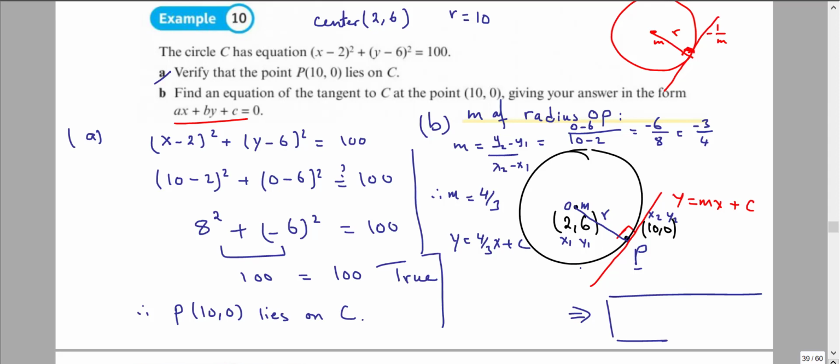Which point is on the line? Yes, even the tangent line. Now we are looking for the equation of the tangent. This is the tangent, the red line here. It's 10 and 0, this point P.